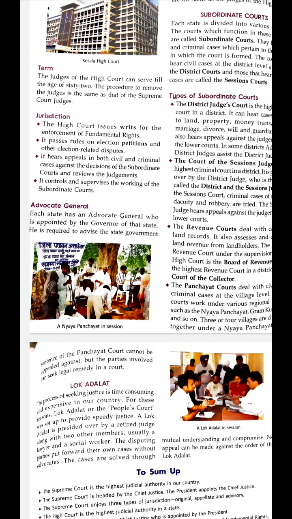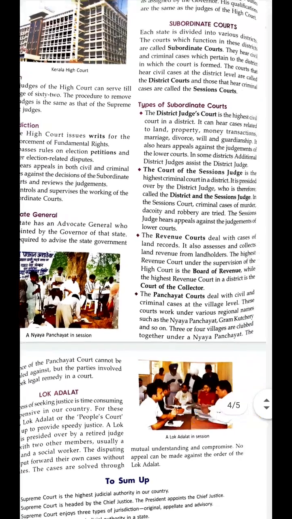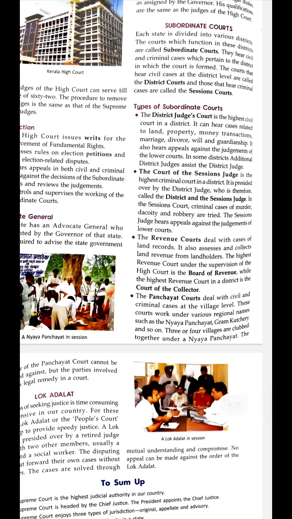Now, next, we will move on to the subordinate courts. So, children, we have discussed the Supreme Court and the High Court. Now, we will discuss the subordinate courts. Each state is divided into various districts, and the courts which function in these districts are called subordinate courts. They hear civil and criminal cases which pertain to the district in which the court is formed, and the courts that hear civil cases at the district level are called district courts, and those that hear criminal cases are called sessions courts. So, at the national level we have the Supreme Court.